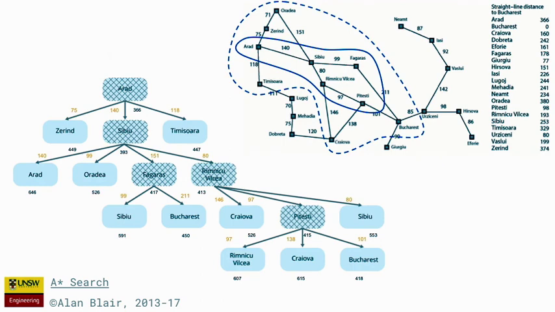A* search is a fantastic algorithm because instead of searching equally in all directions, it instead concentrates the search on those nodes which are most likely to lie along the shortest path to the goal. So it uses a lot less memory than uniform cost search. One final point though, on some very large problems, A* search might still run out of memory.